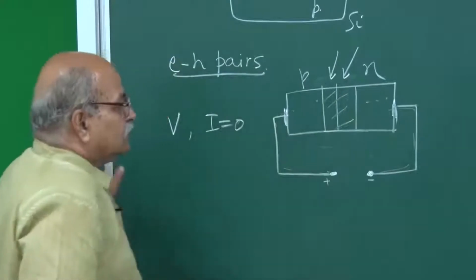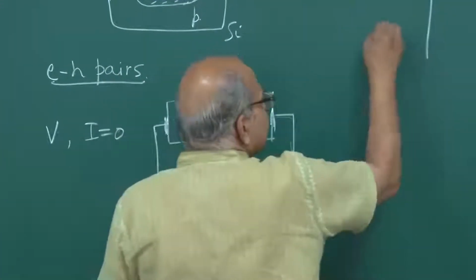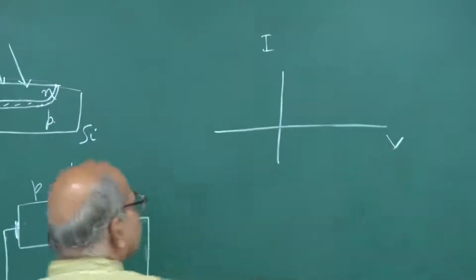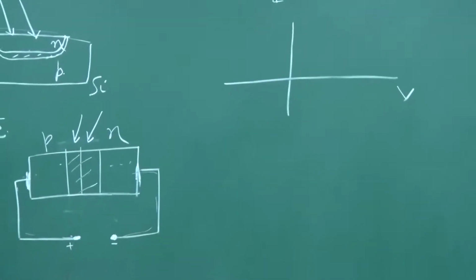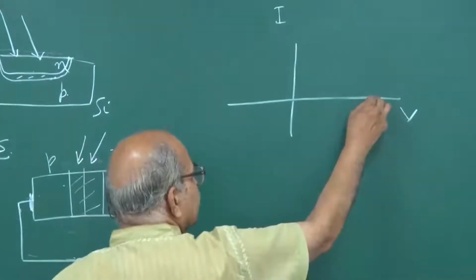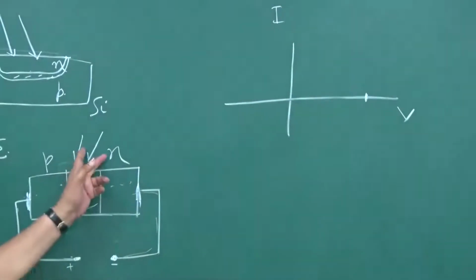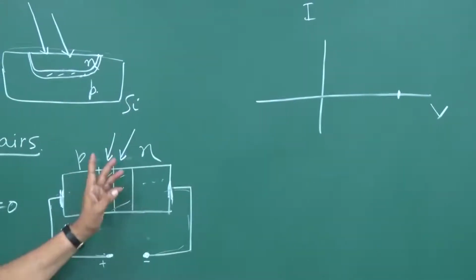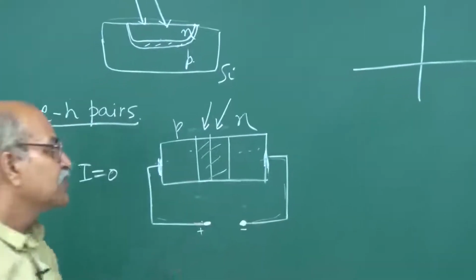So if I try to show it in an IV characteristic curve, suppose this is I and this is V. Where are we? We have some potential here, but there is no current, so current is 0 and we are here at a certain illumination. If you increase the illumination, more charge carriers will flow and the potential will increase a little bit.